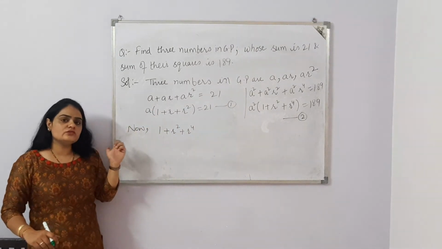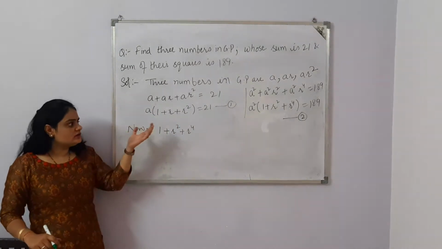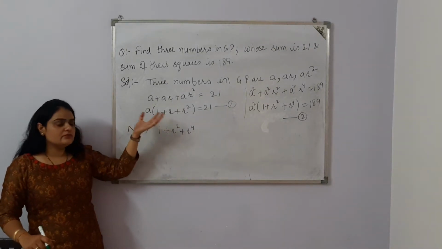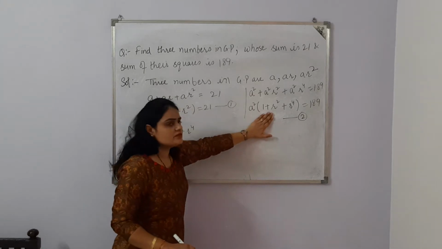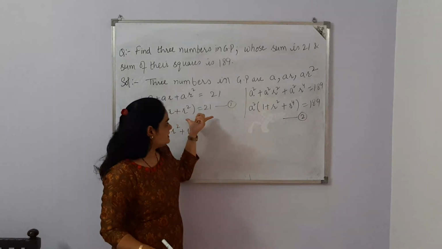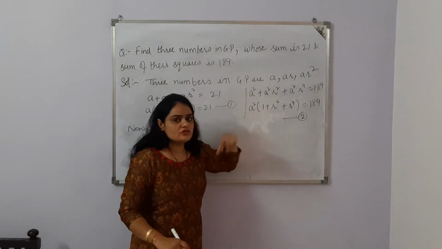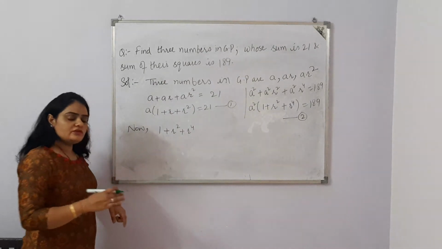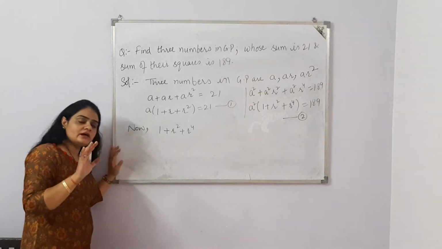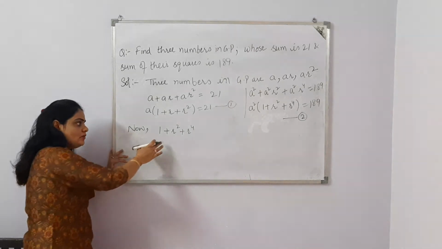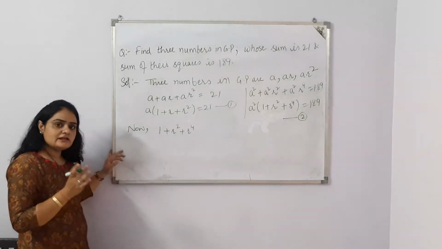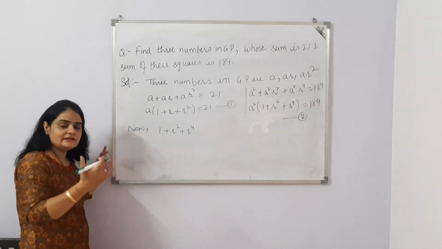So to reduce the calculation, you can divide the terms, or you can find the value of a from the first equation and substitute it in the second equation. But that means the calculation is going tougher than what I am doing now. It is a little bit easier than directly substituting.